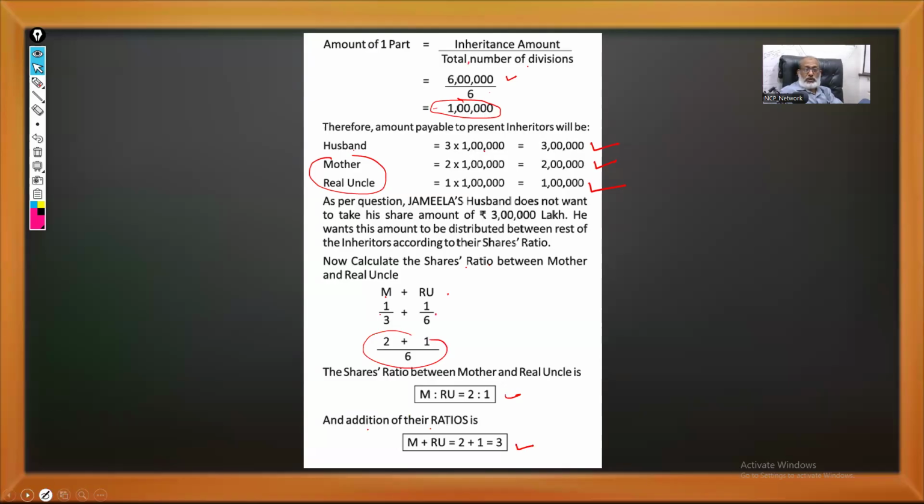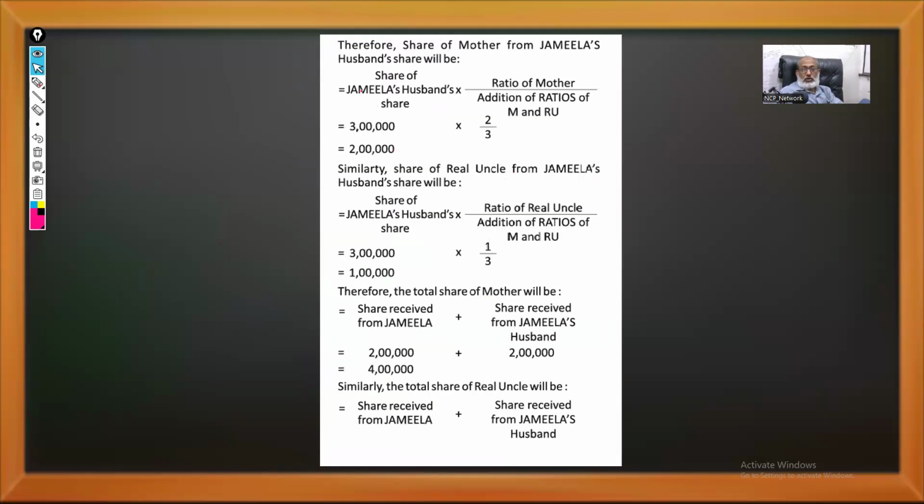So to calculate the share of the mother and the share of the real uncle, the husband wants to leave this share, and the 3 lakh will be distributed among the mother and the real uncle. The ratio of the mother is 2 and the sum of the ratio is 3.